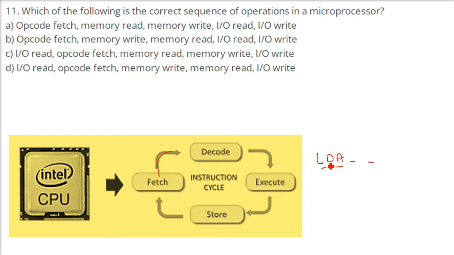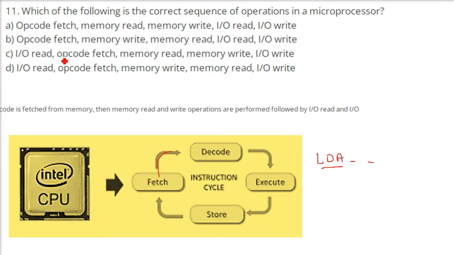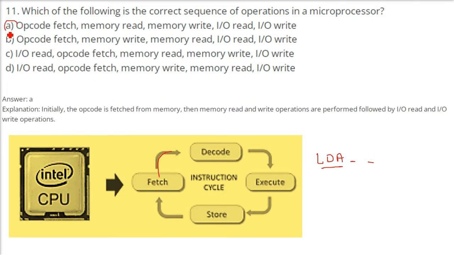This is the whole instruction cycle followed for any kind of instruction. First the opcode, then the operand comes. So opcode fetch will be done, then memory read and memory write, and then input output read and input output write. This is the correct sequence of operations in a microprocessor.